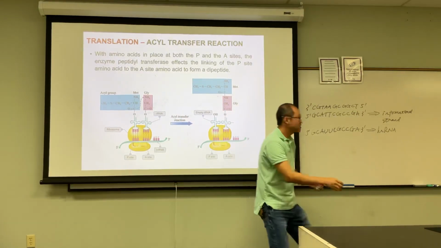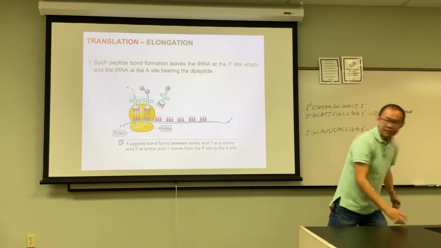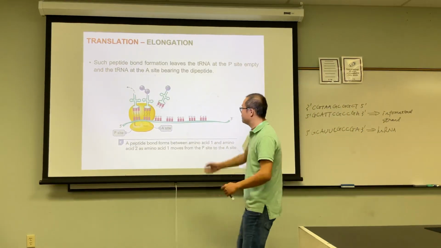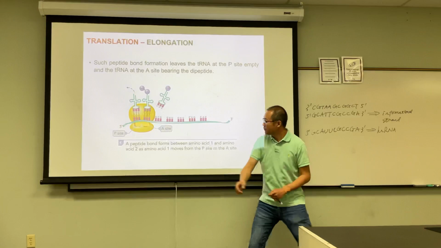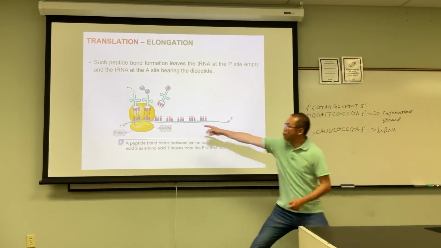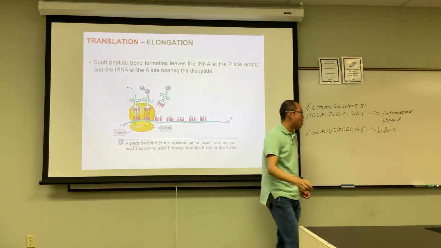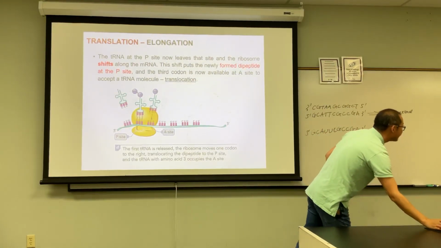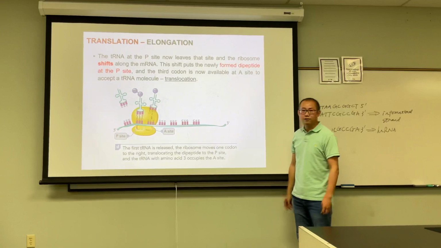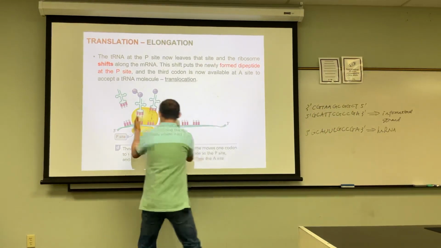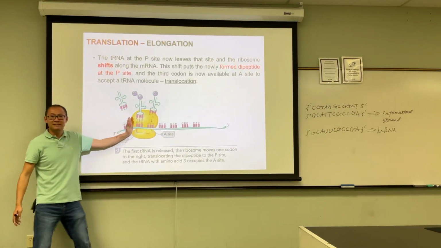After it shifts, this is what happens. This guy will be gone, and the factory will shift. A new transfer RNA will come in. Okay, new transfer RNA coming. Your factory will look like this now. Does it make sense, guys?